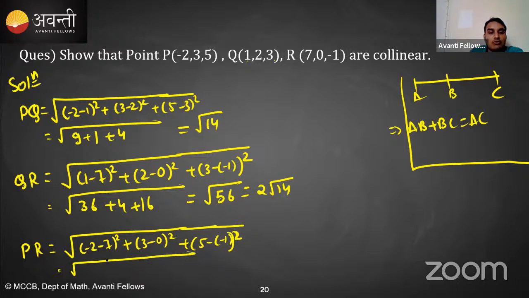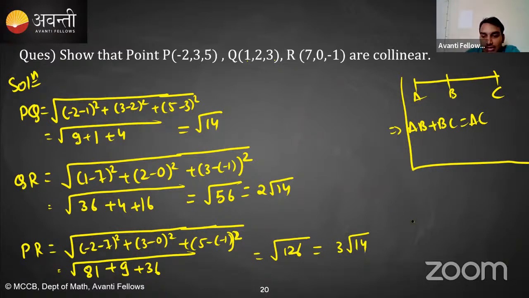This is -9 square means 81, 3 square means 9, and 5 minus of -1 means 5 plus 1, 6 square means 36. So this is nothing but square root 126, which is 9 into 14, means 3 root 14. Clear hai?